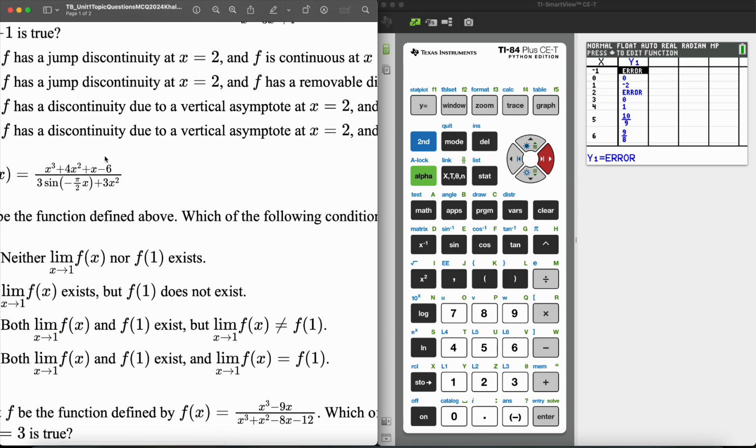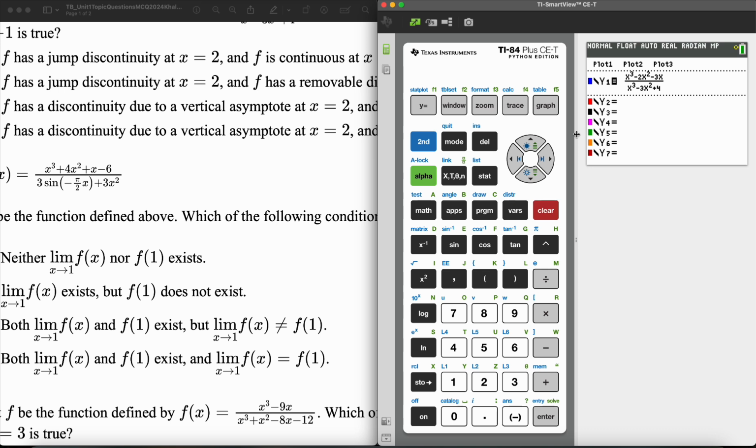We should also be graphing this function. So let's go to y equals, and let's just grab the whole thing.